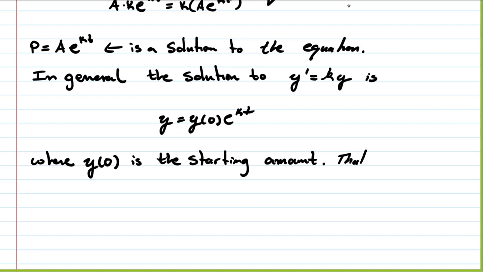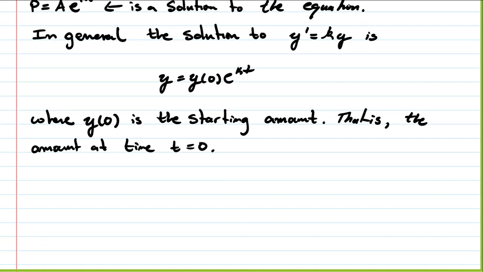That is the amount at time t equals 0. y of 0 is called the initial condition.